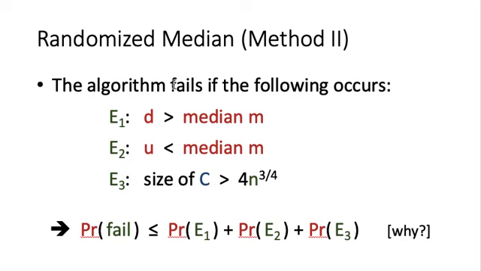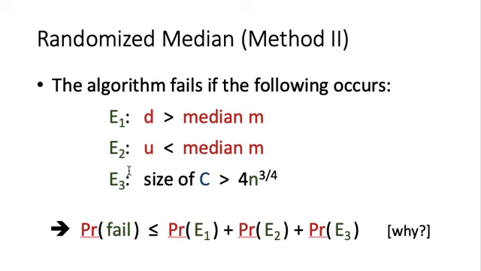Now we see that the algorithm will fail if the following occurs, and no other cases will make the algorithm fail. First of all, the D value that we have chosen is greater than the median M. This is a bad case for us. And similarly, the U that we have selected is smaller than the median. This is another bad case.